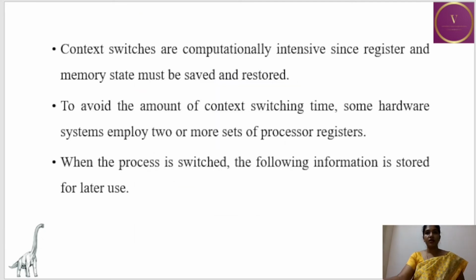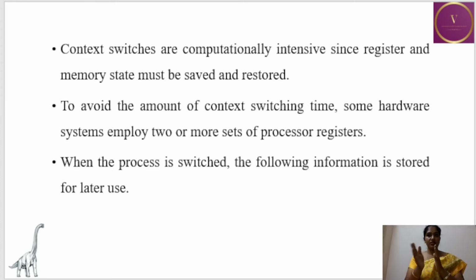Alright. Context switches are computationally intensive since registers and memory state must be saved and restored. To reduce the amount of context switching, some hardware systems employ two or more sets of processor registers.